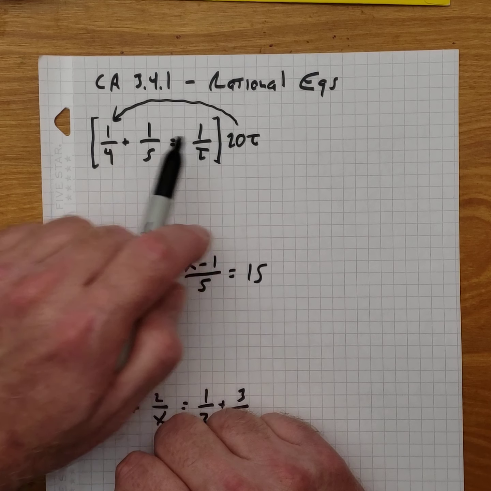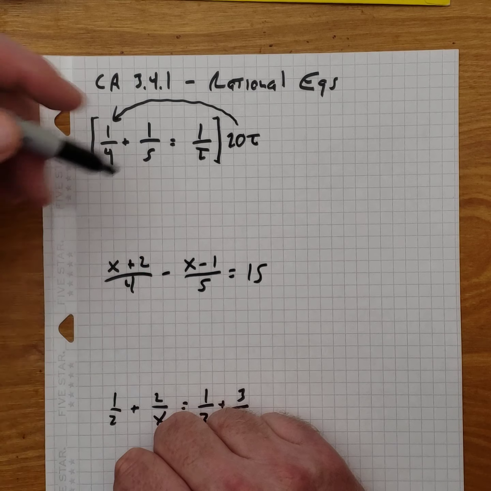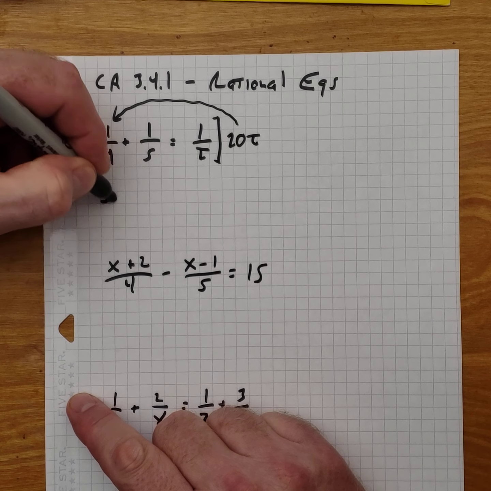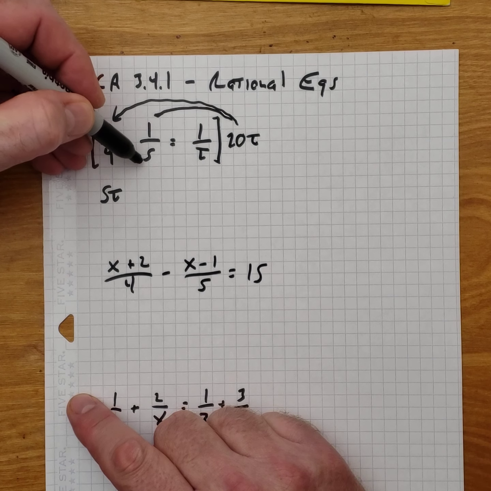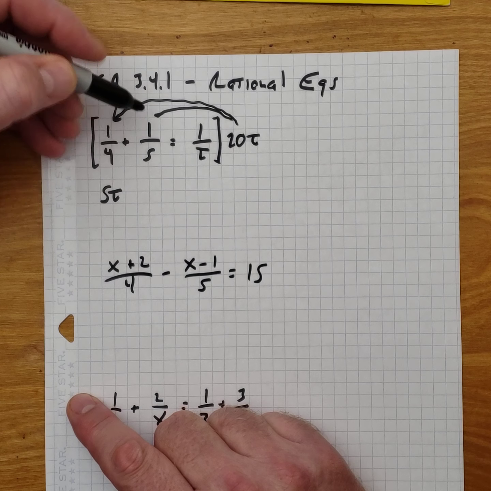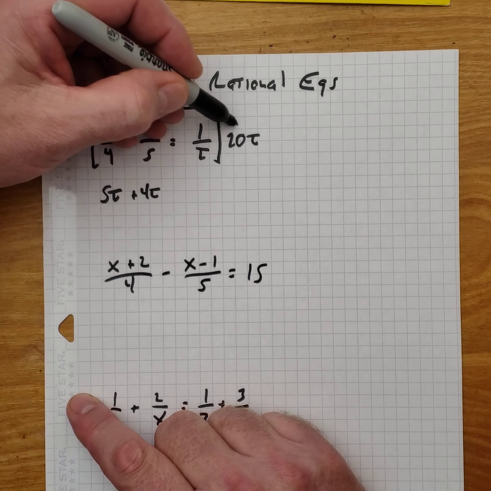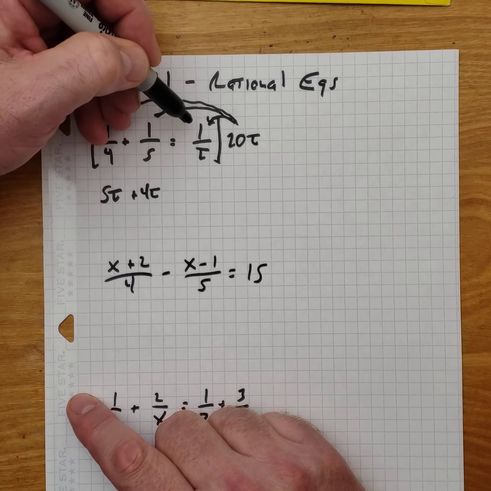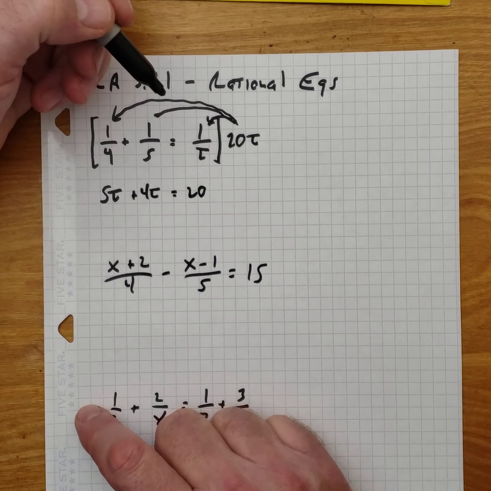So I'm going to say 20t divided by 4 is 5t times 1 is 5t. Here, 20t divided by 5 would be 4t times 1 is 4t. And here, 20t divided by t is just 20 times 1, still 20.